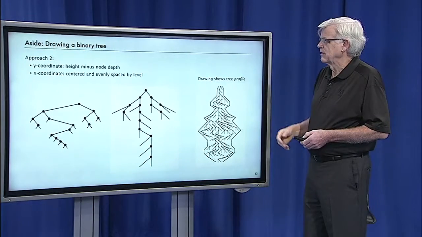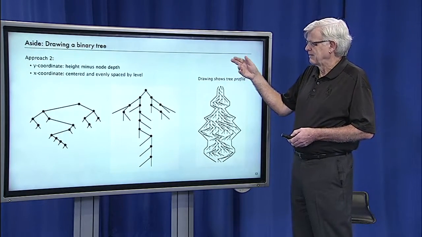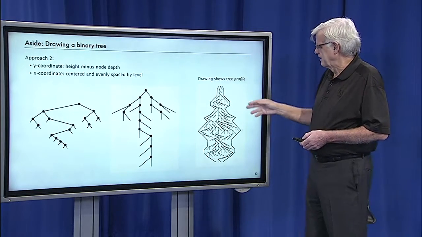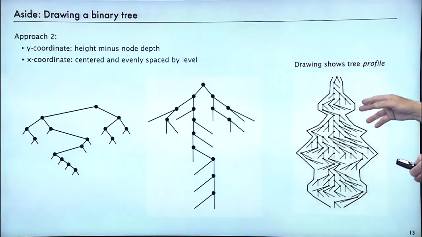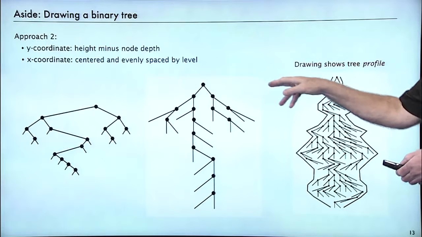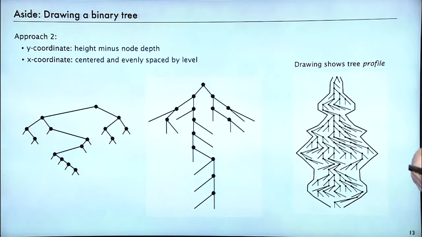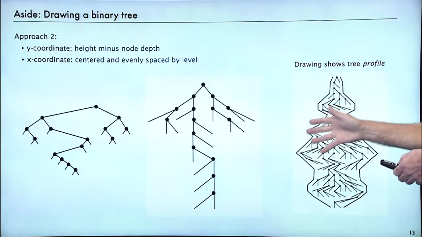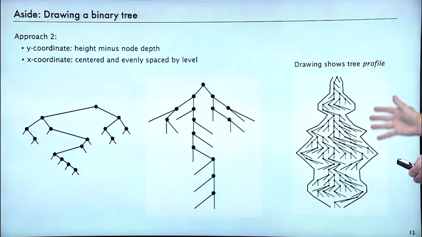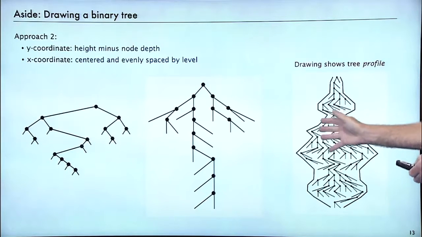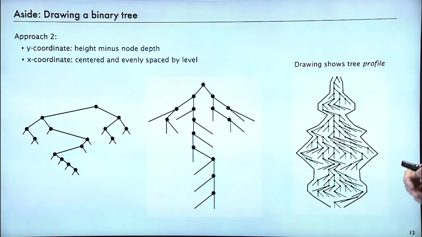So what we do sometimes is take the x-coordinate, and at every level we just evenly space the nodes. If there's 4 nodes at that level, we evenly space them and center them on the root node. And that's a useful way to draw trees because it gives a profile of how thick the trees are, how many nodes there are at each level.